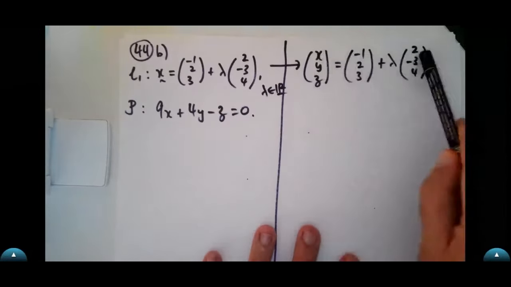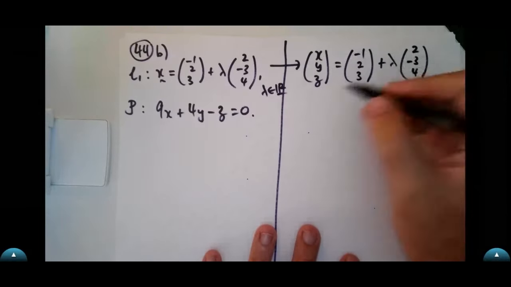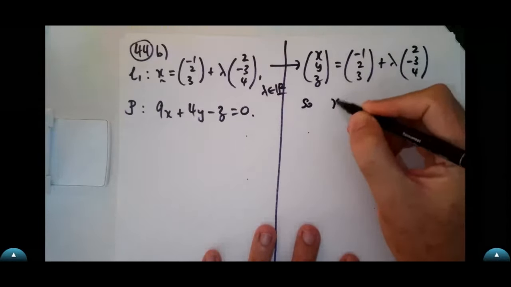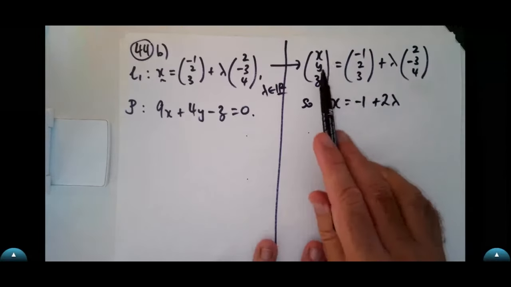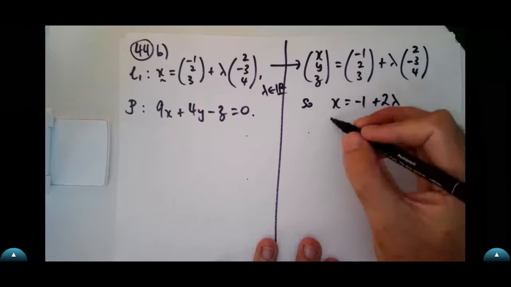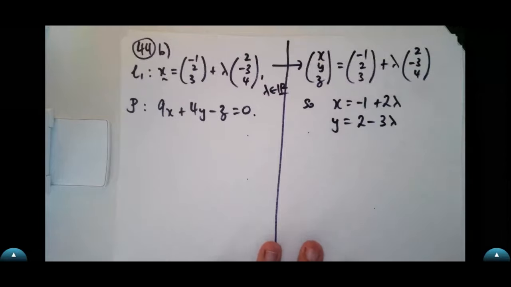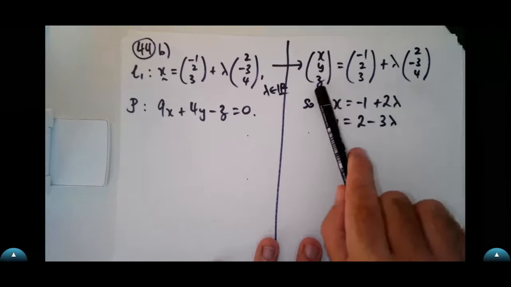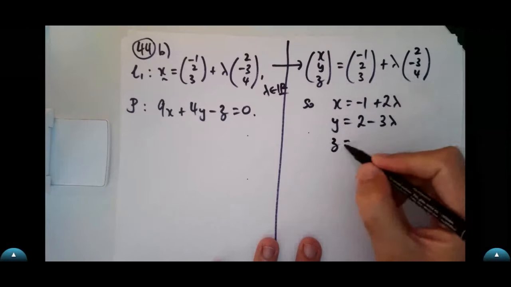Well, the first component says x equals -1 plus 2 lambda. The middle one says y equals 2 minus 3 lambda. And the third one says z equals 3 plus 4 lambda.